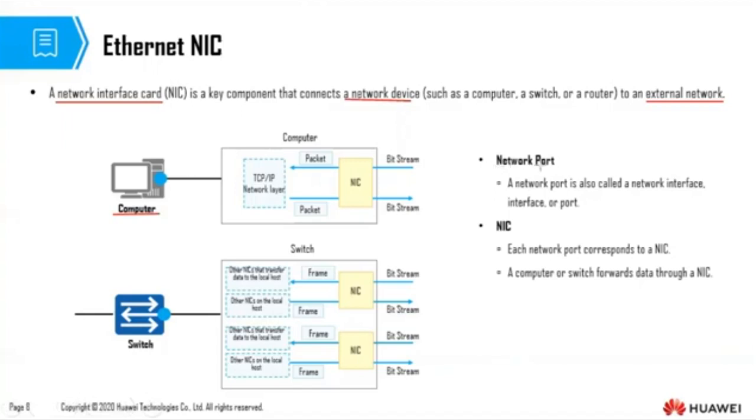So it's called a network port, or a network interface, or simply an interface or a port. All those names are used to describe a network port. Each network port corresponds to a network interface card, as I said earlier. A computer or switch will forward their data through an NIC. That is what we call an Ethernet NIC.